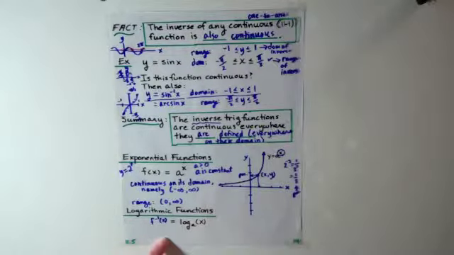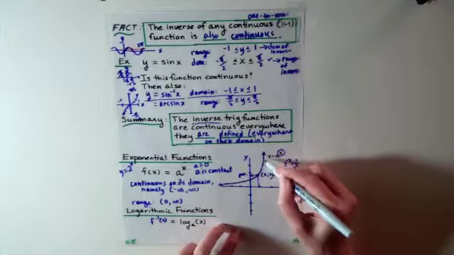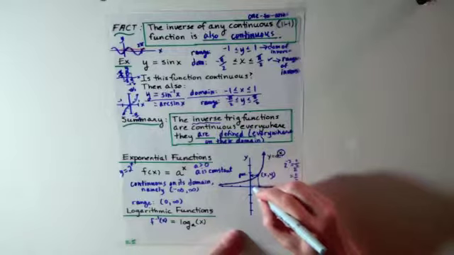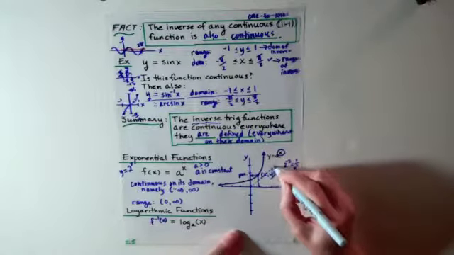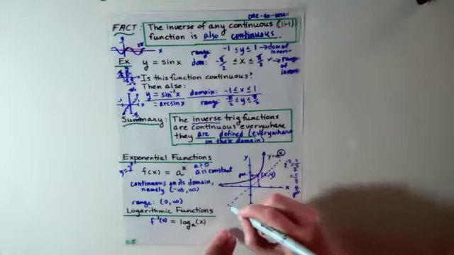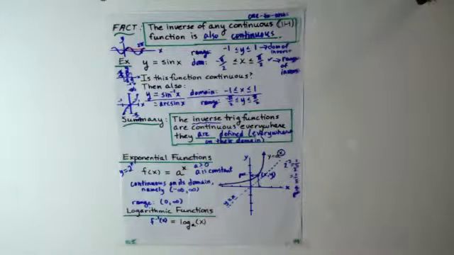So let's think about this. Here's the graph of a to the x. We know that log base a of x is the inverse of that function. If I were to draw the graph of log base a of x, the inverse of this purple graph here, I would get it by again reflecting across the line y equals x, just like we did with earlier inverse functions.